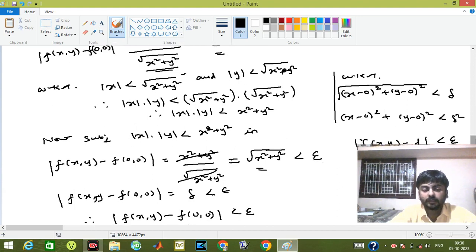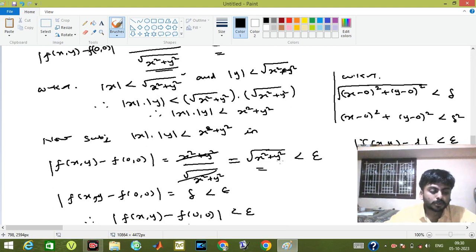But one thing, on subtracting you will not get this delta. If it is delta, you can say delta less than epsilon. But I think you may have delta square here on solving. So we cannot say that delta square is less than epsilon. It is not possible to say like that.